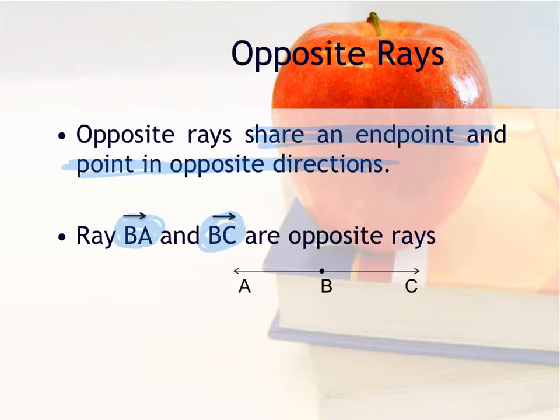Now we're going to talk about opposite rays. If I put two opposite rays together, it's going to form a line. They're going to share an endpoint and they're going to point in opposite directions. So I have ray BA, I start at B and I go out to A. Then I have ray BC and I start at endpoint B and I point it out to C. Together, these opposite rays, when they share an endpoint, form a straight line.